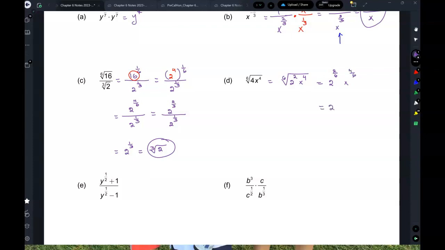So this is 2 to the power of 1/3, x to the power of 2/3. So they both have a denominator of 3. That means they're both in a cube root. Cube root of 2x squared.